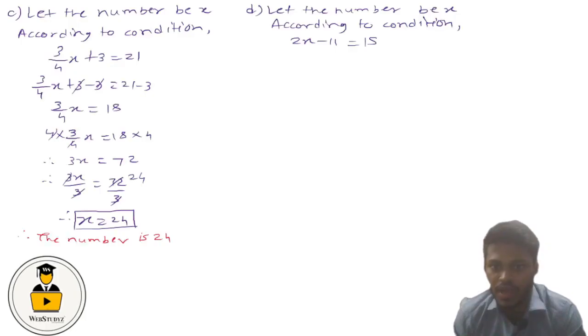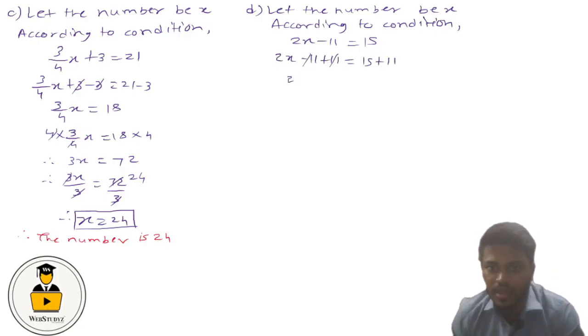So first we will add 11 on both the sides. So this will be 2x minus 11 plus 11 equals 15 plus 11. So this will get cancelled. Now it will be 2x equals 15 plus 11, which is 26.